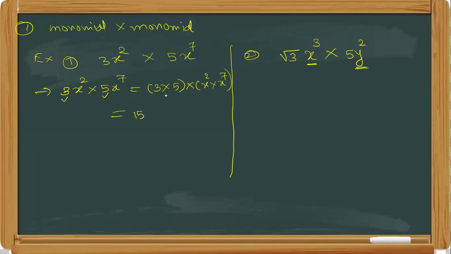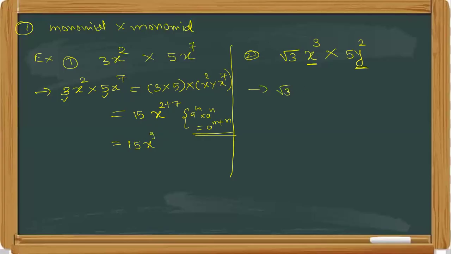And x raised to 2 into x raised to 7 will be x raised to 9. Why 9? a raised to m into a raised to n is equal to a raised to m plus n. This law of indices is applicable here in multiplication. So it is 15x raised to 9.